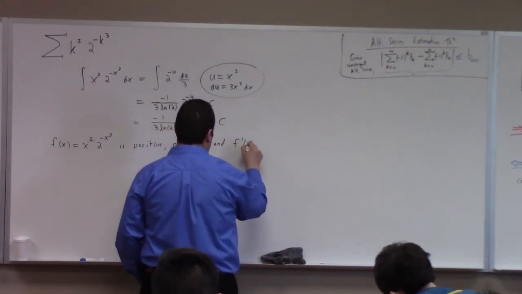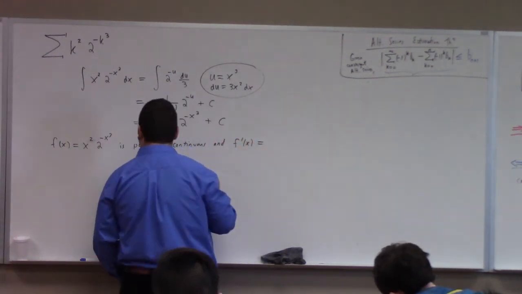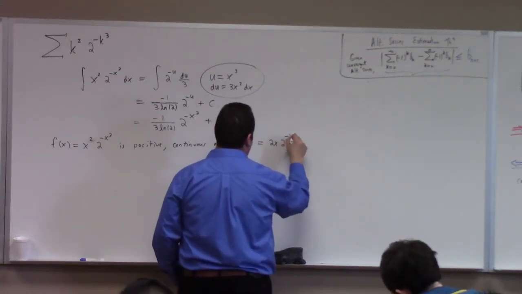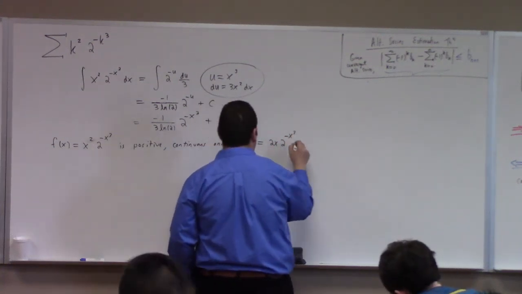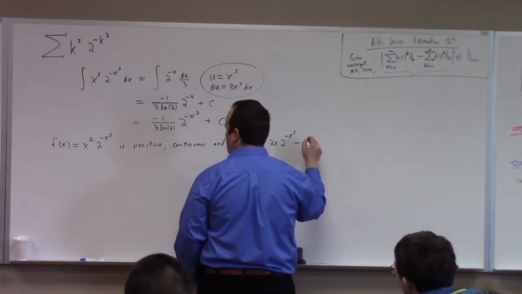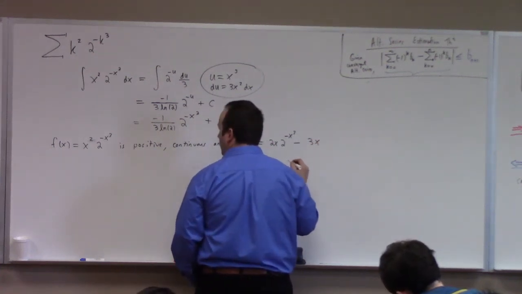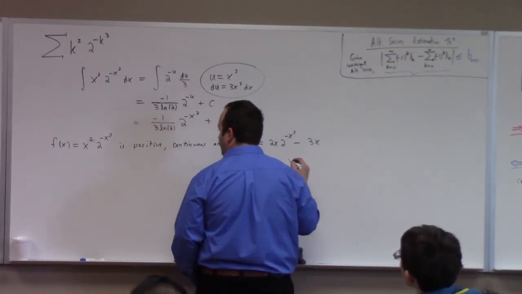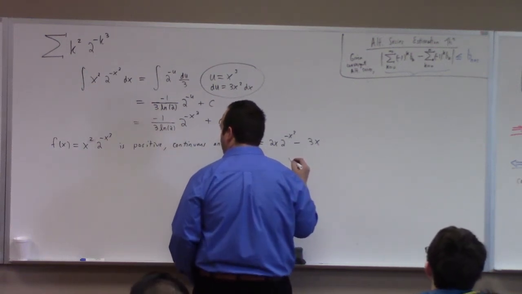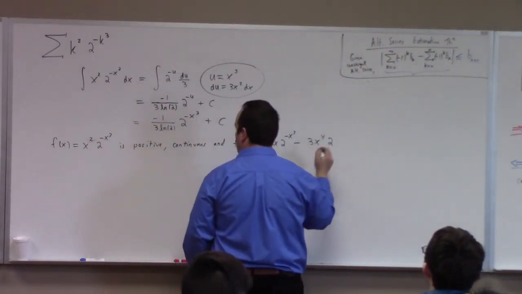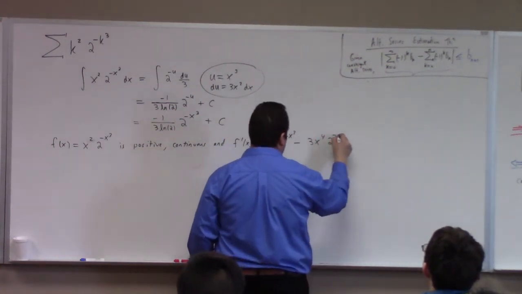F prime of x is what, though? That's 2x times 2 to the minus x cubed, and then minus 3x to the fourth, yeah, times 2 to the minus x cubed.